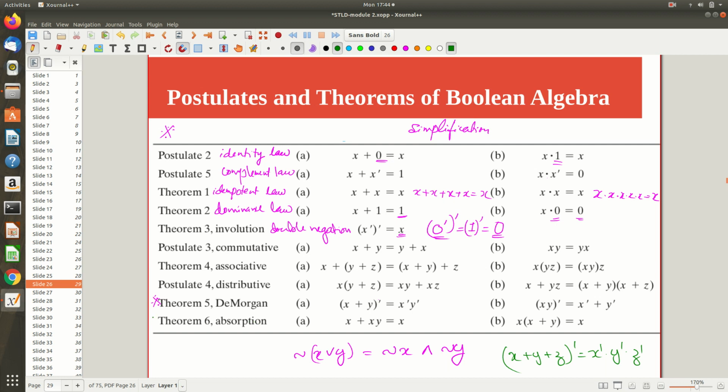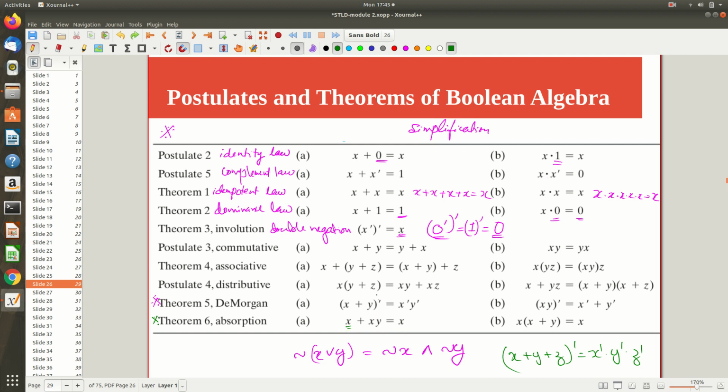Now another important theorem is the last one, the absorption law. That also we will use many times. If I have an expression like x plus x dot y, see this x is repeating, that you have to keep in mind, then plus and dot, like that it is coming, the entire expression will be reduced to just x. So this x is absorbing everything else, like that you can remember, right?